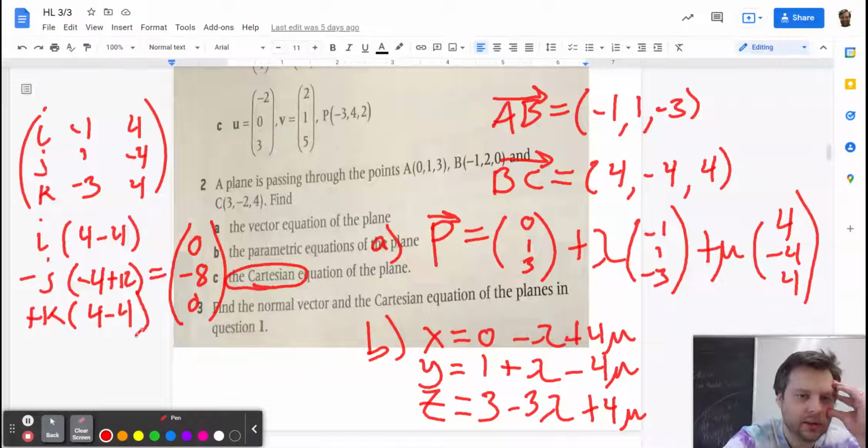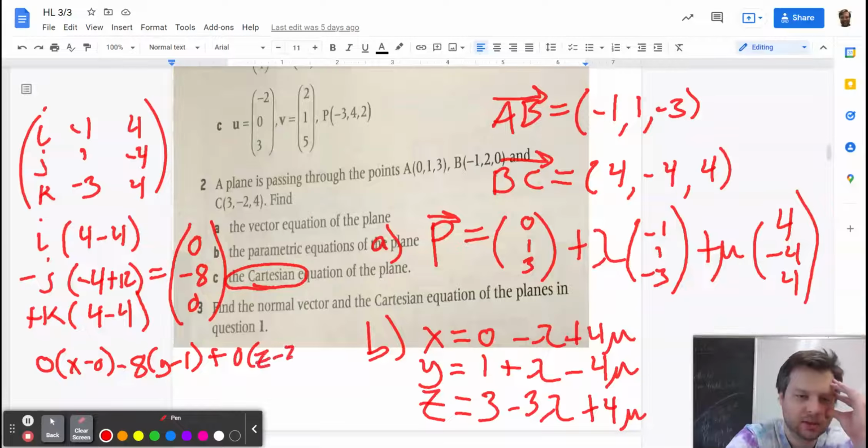And so then we dot product our normal vector with any of the points in the plane, and I'll just use the point A, 0, 1, 3, like I did before. And so that would then be 0 times x minus 0, minus 8 times y minus 1, plus 0 times z minus 3, and that equals 0.